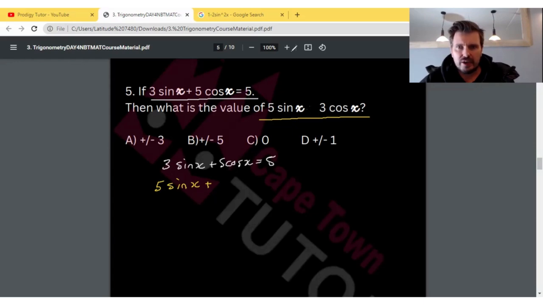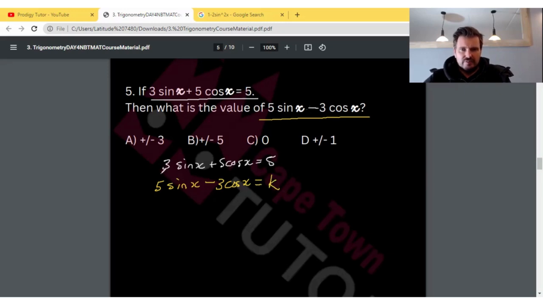This is going to have to be a minus for this to work. Okay, so then we're going to get a minus, because I can see there's a reason why the 5s and 3s are common, and you'll see why. So then 3 cos x. And what is the value? Well, let's call it any random letter, right? So we'll call it k.